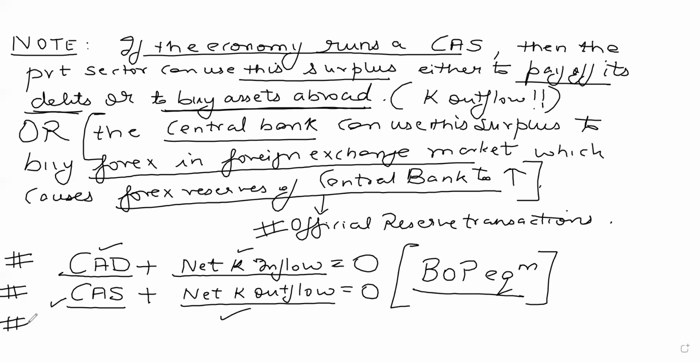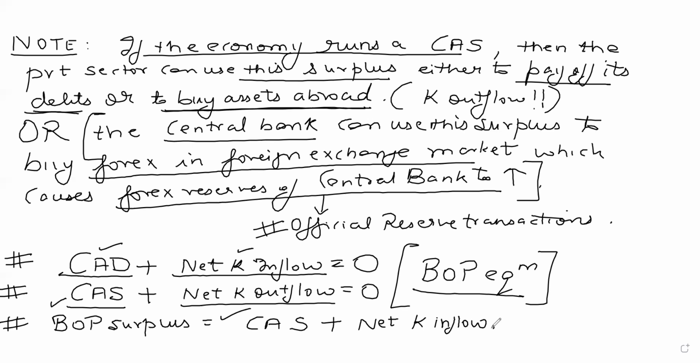But when is the balance of payment in surplus? So balance of payments will be in surplus when the current account is also in surplus, and then my capital account is also in surplus, so net capital inflow.